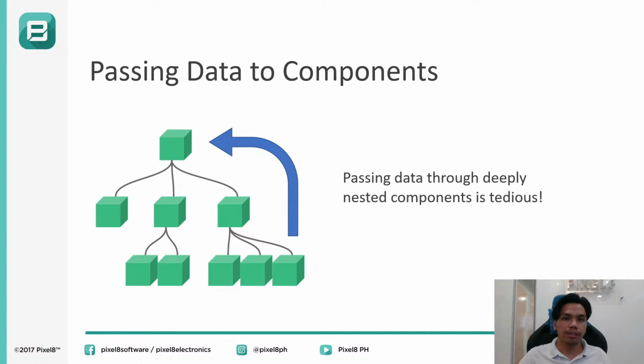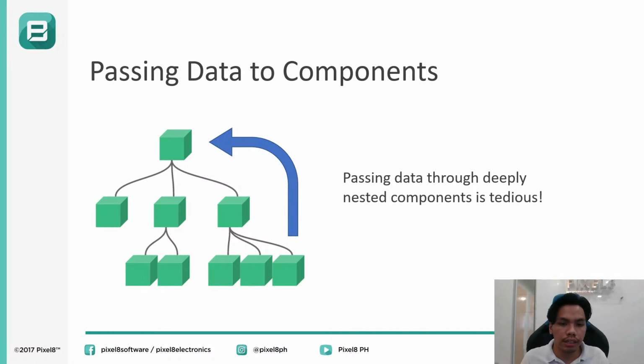But here's the problem. When the application gets bigger and bigger, your components get nested deeper and deeper, to the point that it is hard to pass data up levels. Here is a clear example.